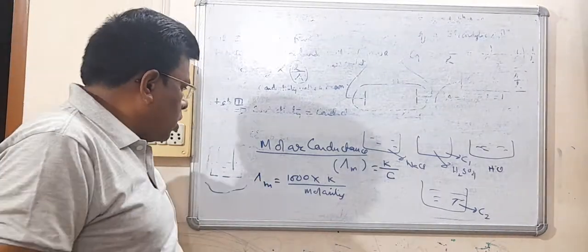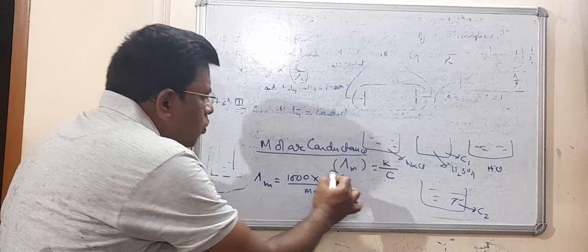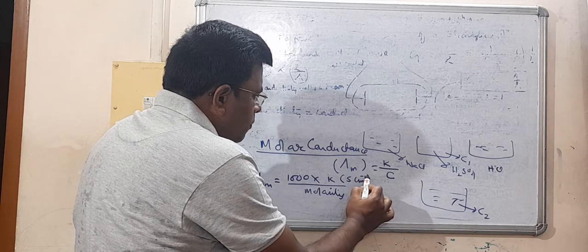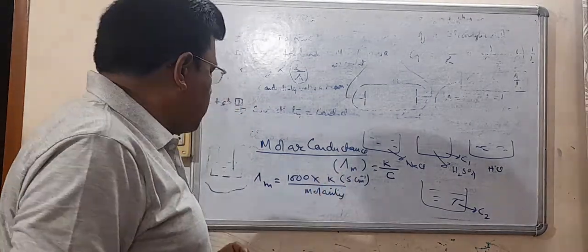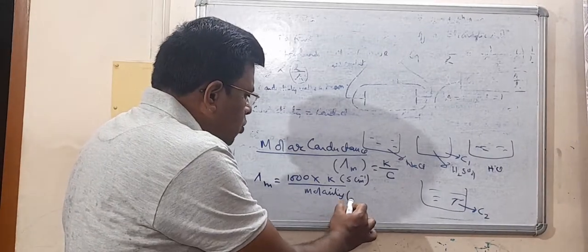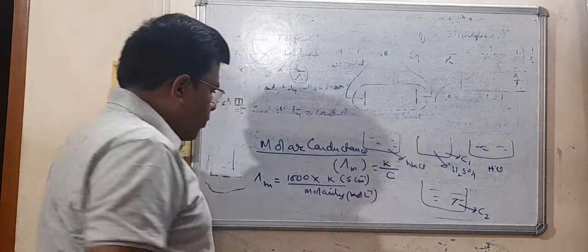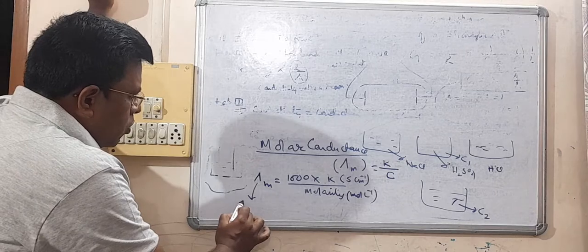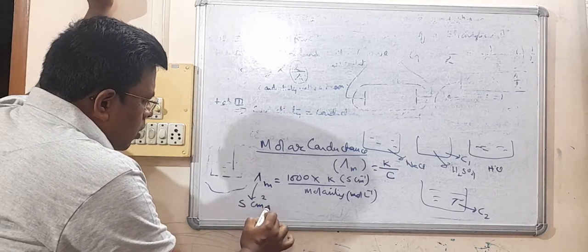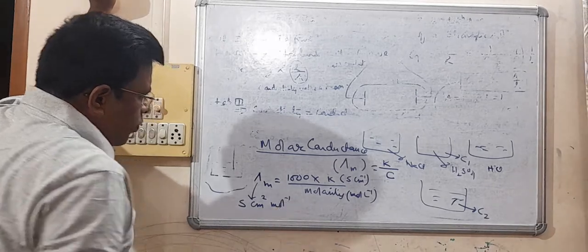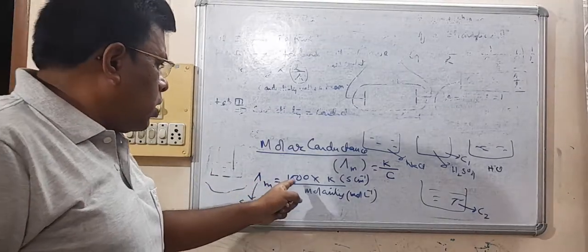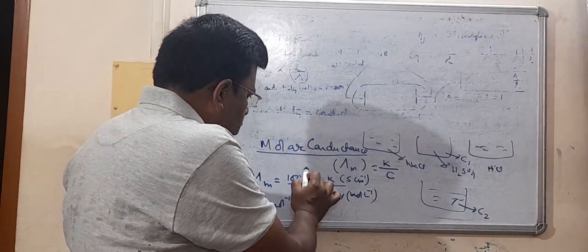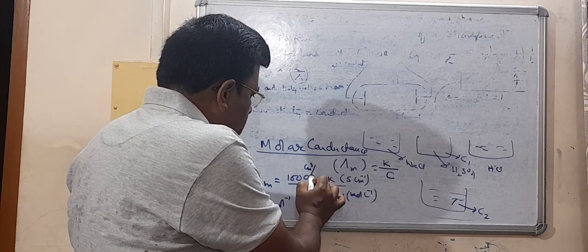When to use this relation? If conductivity value is given in Siemens per centimeter, and molarity as usual in moles per liter, then the unit of this molar conductivity is Siemens centimeter square per mole, and this 1000 is in centimeter cube per liter.